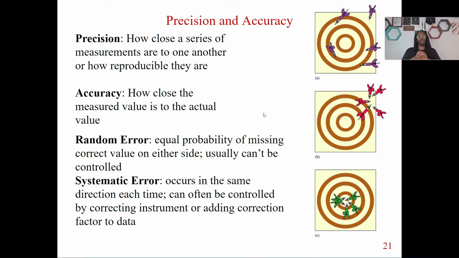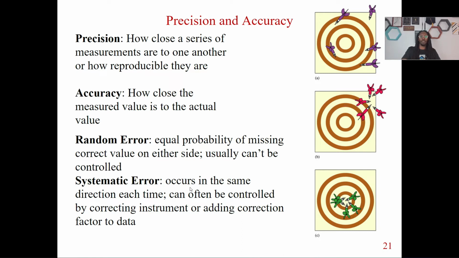You can think of a random error as something that just randomly happens, as it sounds. If you're in lab, something could go dramatically wrong with the experiment, and you're not really sure why. This is an example of random error. It's just going to miss that value, and usually it's not controlled.